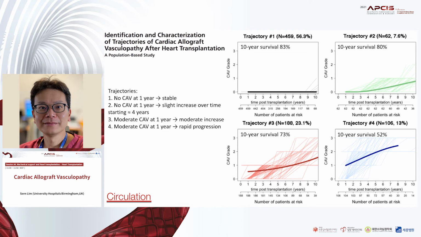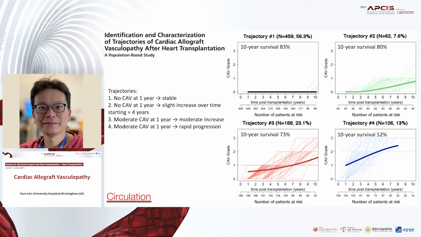They have no vasculopathy at baseline and remain largely free from vasculopathy at follow-up. Unsurprisingly, the survival is very good. And in trajectory 2, they start with no vasculopathy, but subsequently develop some degree of vasculopathy, usually after about 4 years or so. Again, they have pretty good 10-year survival.